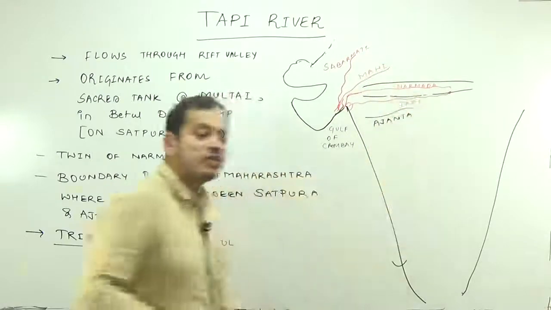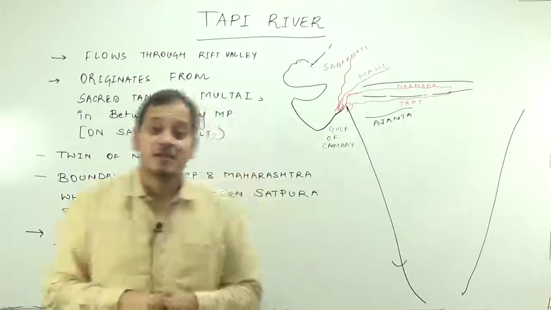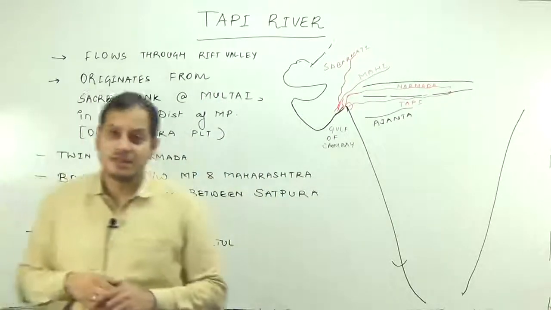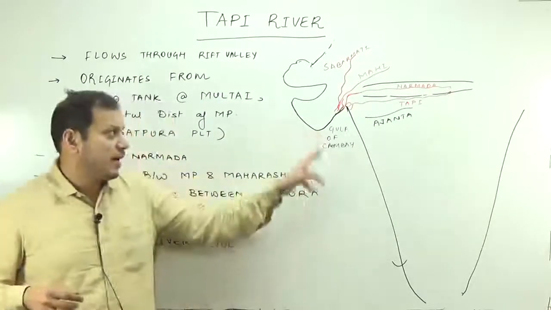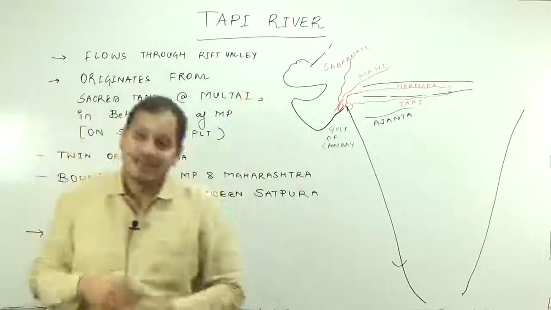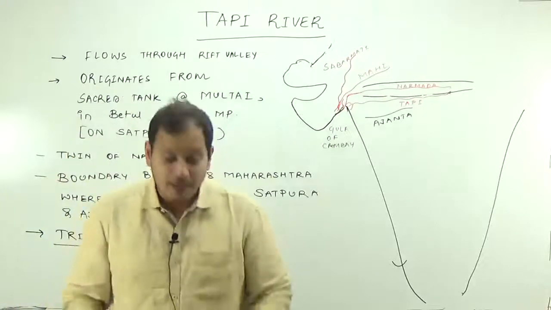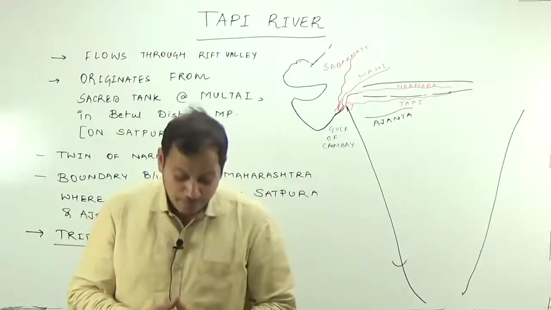A simple question can come: name the four rivers which drain into the Gulf of Cambay region. River Sabarmati, river Mahi, river Narmada, river Tapi. Sabarmati is an important river of Gujarat. It drains into the Gulf of Khambat.